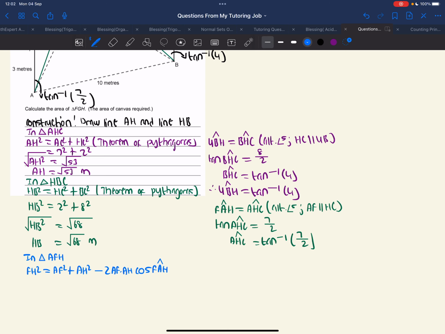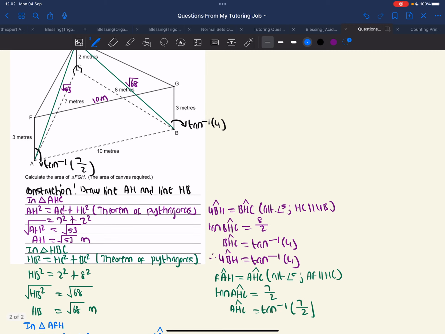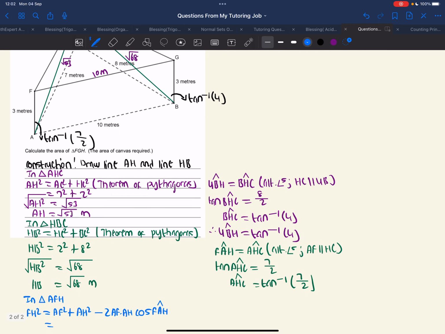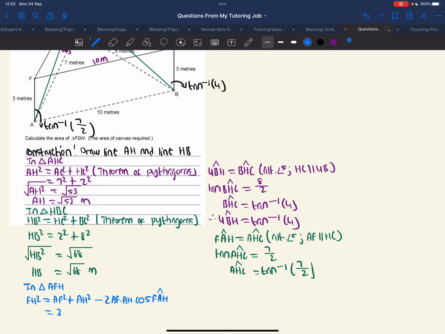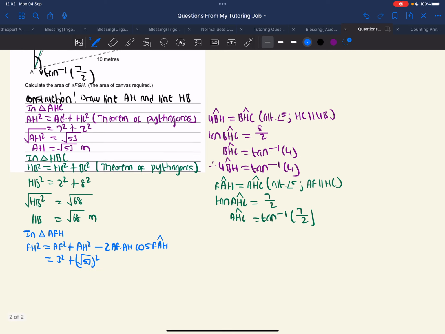Now remember, AF squared is 3 squared, and AH is the square root of 53, squared.